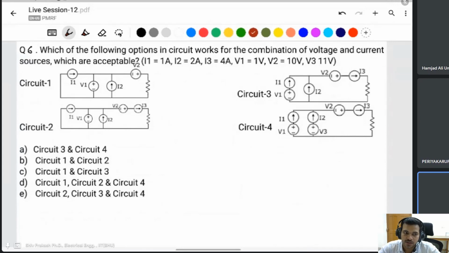Acceptable means valid. A valid circuit means KVL and KCL are satisfied. If KVL and KCL are not satisfied, then the circuit is invalid.